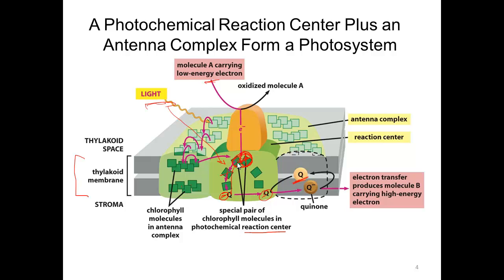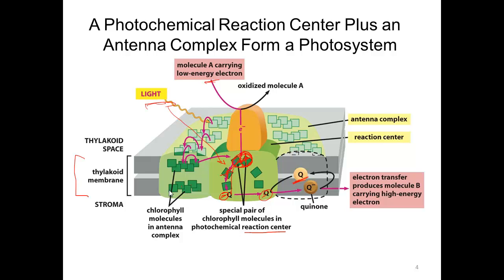This transfer occurs in a few picoseconds, which is faster than the amount of time that electrons in excited states normally return to their ground states of the molecule, which is about a nanosecond. So you've got about a 3 order of magnitude speed advantage for transferring the excited electron to the nearby chlorophyll molecule rather than returning to the ground state.